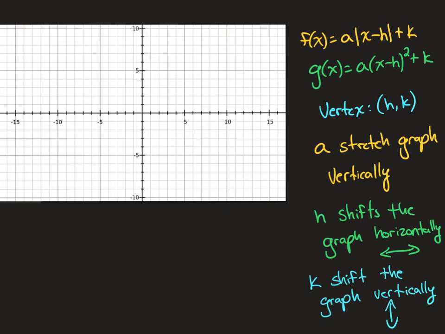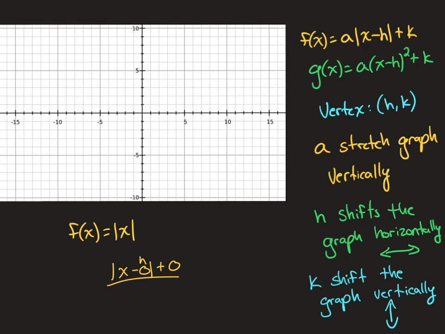So let's look at this. Let's look at f of x equals, let's start with just the absolute value of x. With the absolute value of x, I could think of this as the absolute value of x minus 0 plus 0, right? Those would be the same thing. Why would I write it like this?